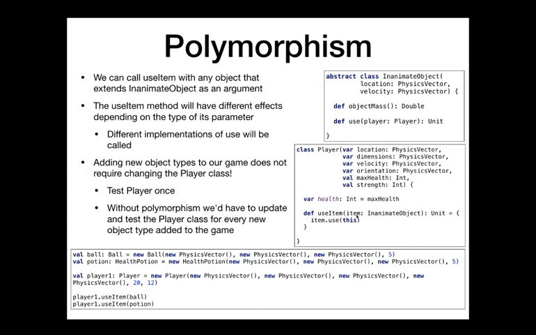That assignment is just like the assignments we saw in the first few slides when we had some variable of type inanimate object equals some value of type ball, or some value of type health potion. It's the same thing, we're just doing it across a parameter being assigned to an argument through that method call. But the same thing is happening, so it's completely valid. Item inanimate object equals potion, completely valid.